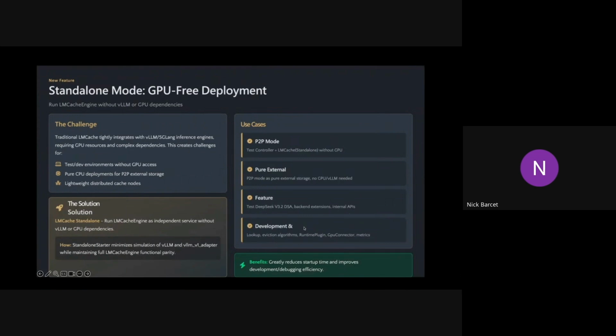Fourth, validating MCache backend or remote connector extensions. Fifth, validating MCache internal APIs. Sixth, validating MCache lookup implementations, eviction policy, runtime plugin, GPU connector, metrics, and most other LMCache internal features.